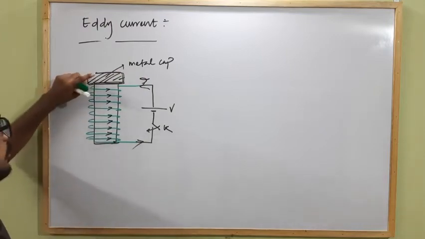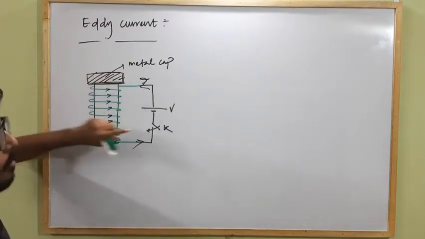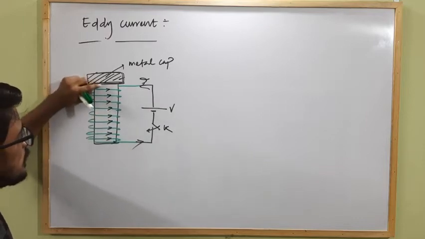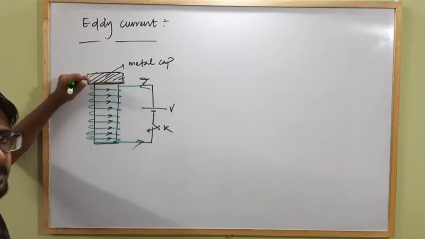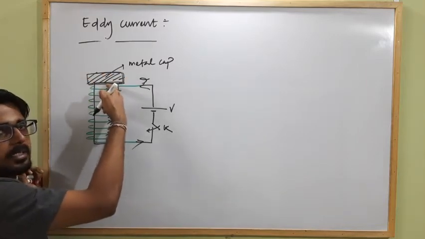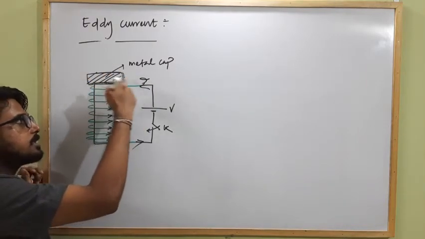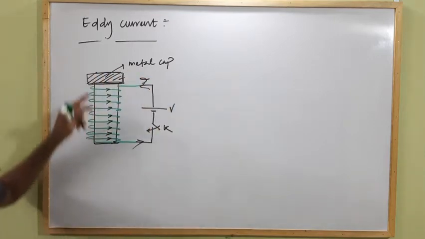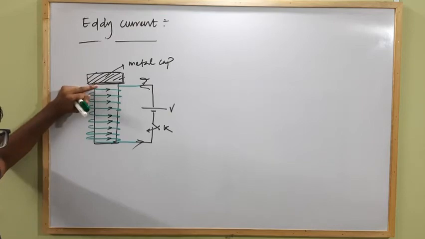The flux linked with this metallic plate is initially zero, but when the current starts to flow through this coil, the magnetic field linked with this metallic plate increases, and the flux increases. Due to this, the metallic plate produces some eddy current which tries to oppose the change in flux.